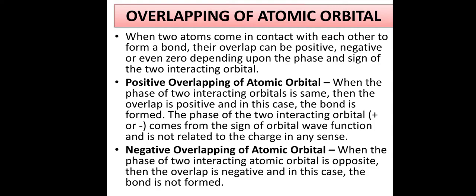In general, the greater the overlap, the stronger the bond formed between two atoms. Therefore, according to the orbital overlap concept, the formation of a covalent bond between two atoms results from the pairing of electrons present in the valence shell having opposite spins.